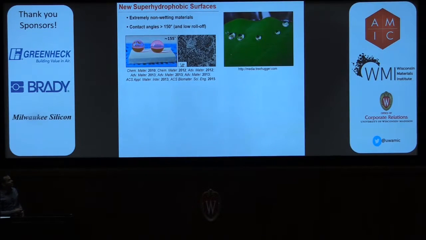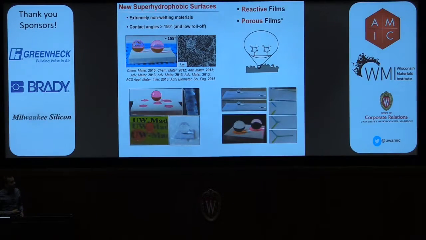Many of you may be familiar with the lotus leaf, which is very superhydrophobic, meaning that it's extremely non-wetting or exhibits contact angles that are greater than 150. By controlling the conditions at which we fabricated these films, we were able to create more porous multi-layers, like the one I'm showing here. I'm going to talk more about that in a minute, but that is useful for a range of different applications that we have demonstrated.